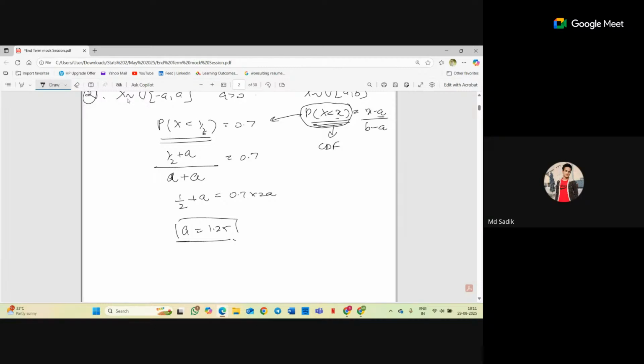Okay, so this is 2a, so 2a will be multiplied here by 0.7. Is this step clear? Yes, ma'am, this step is clear, but I am confused about 1/2 plus a. How did this come? Are you talking about the numerator? How did this come?